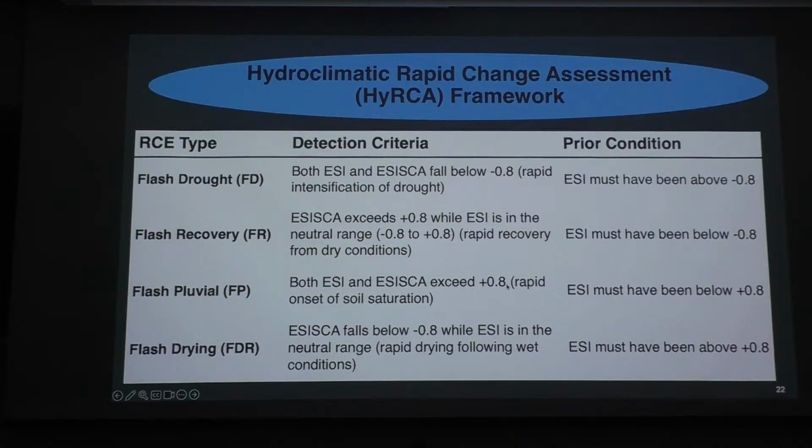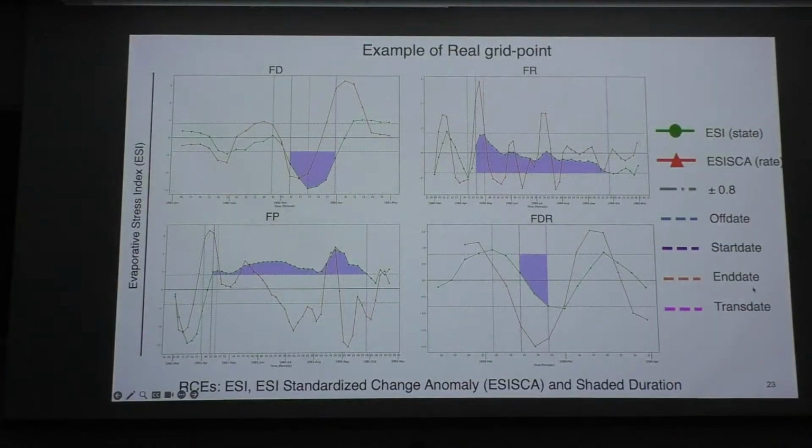So for the dry state, we needed to know that the prior condition was above 0.8. And for the wet state, we need to know that in our prior condition, they were positive, above 0.8, and so on.